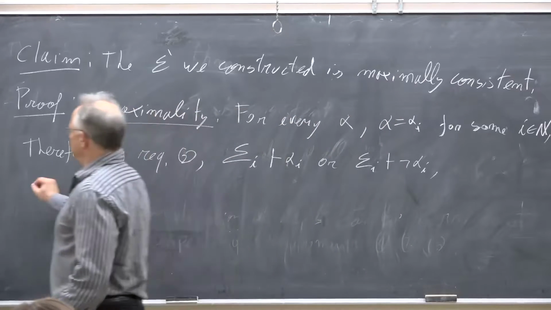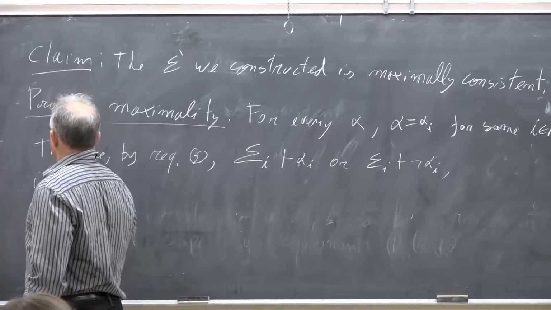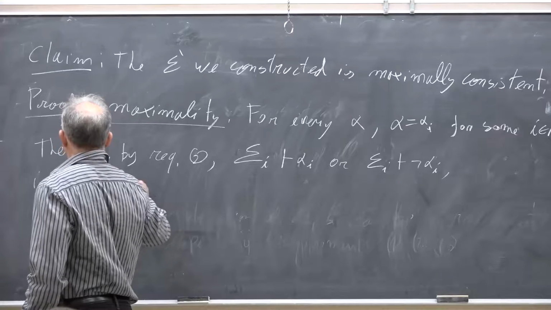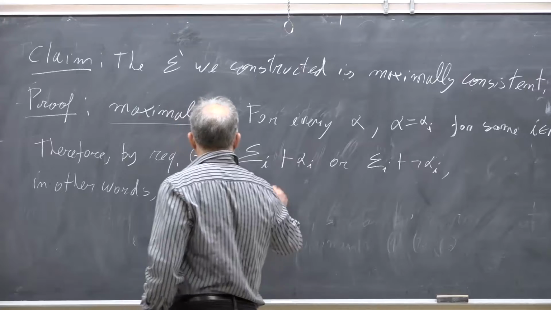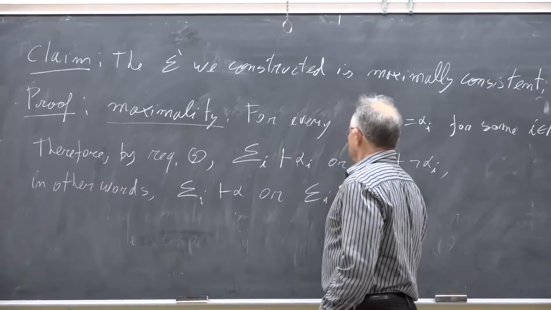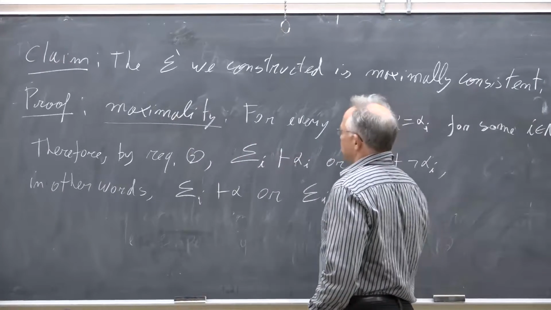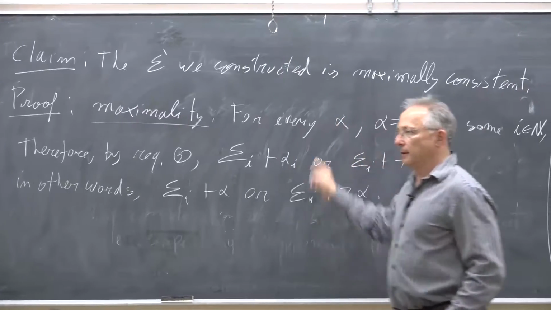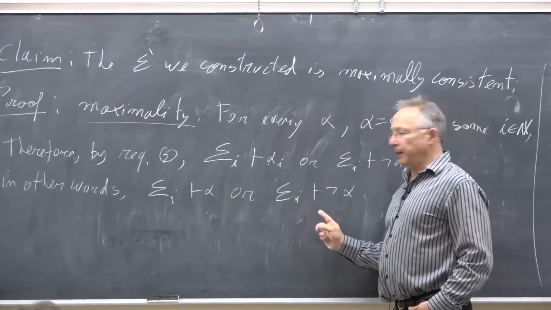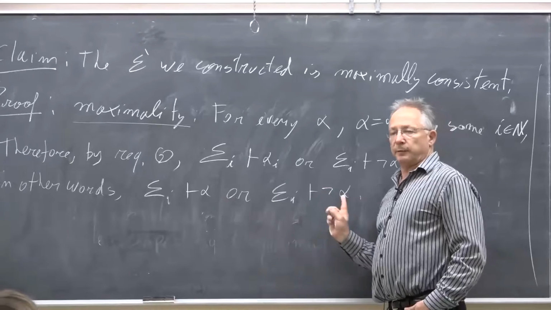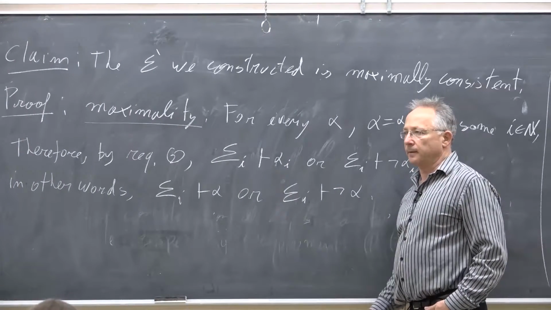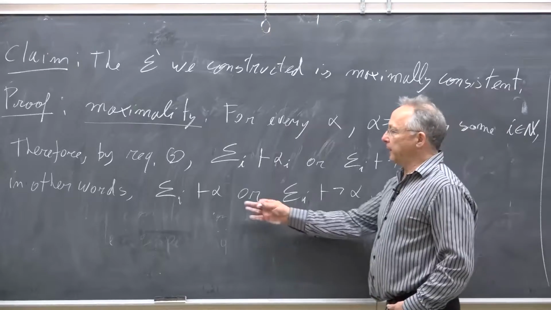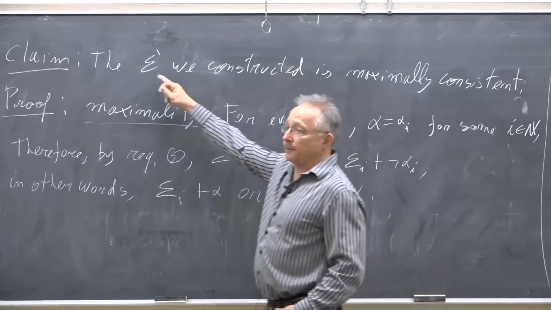So, in other words, sigma i proves alpha, or sigma i proves the negation of alpha. So we started with some alpha. We got to some sigma i that either proved alpha or proved the negation of alpha. Now, I don't care about sigma i, I care about sigma prime.